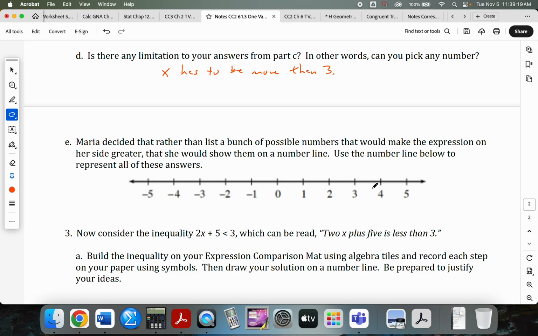What some people do is they'll go, okay, it needs to be more than 3. Can it be equal to 3? No. So you put an open circle. And some people do it up here above and say it's got to be more than 3. Some people do it right on the number line and then shade like crazy.